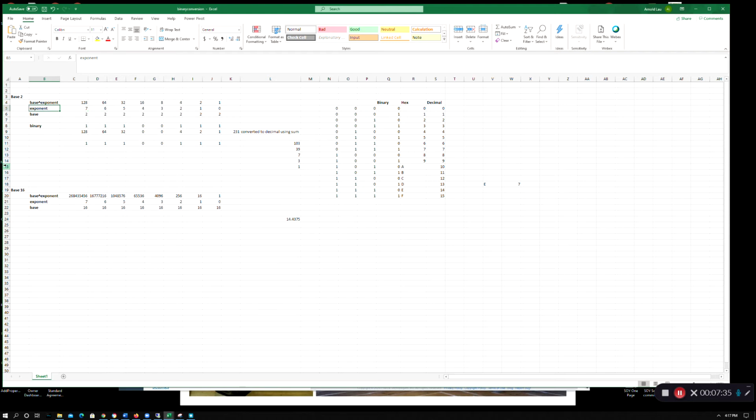So I think you want to be able to show that you understand the logic. It's not just that you copied a program and made it work to show the conversion. Here you see all the base 2s. Here you see all of the exponents. And here you see the calculated value, which is taking this base to that exponent, and that creates these numbers up here.